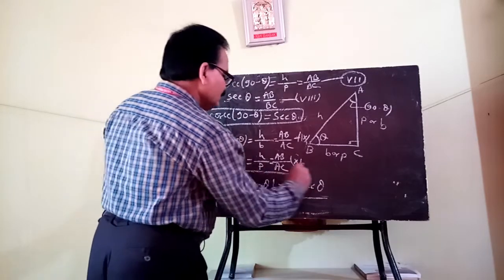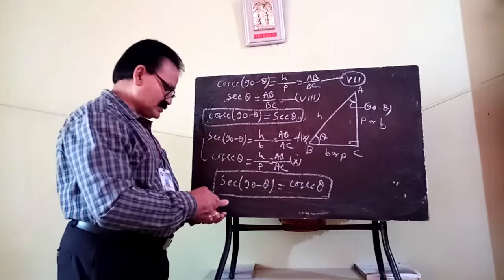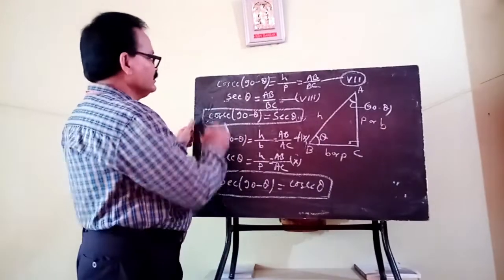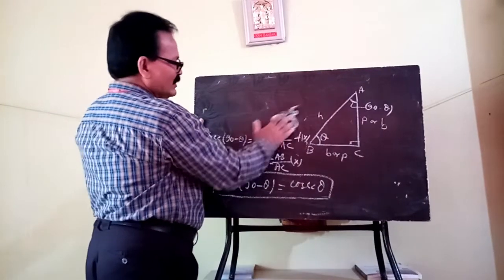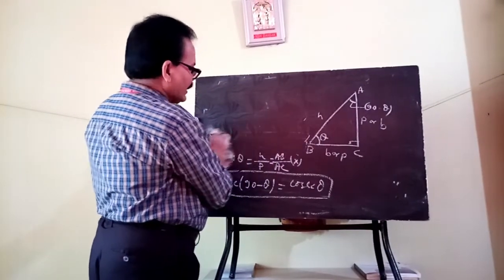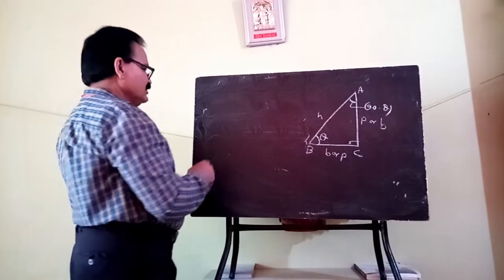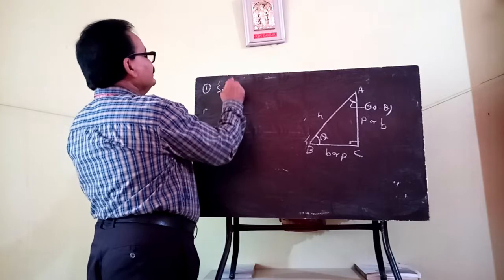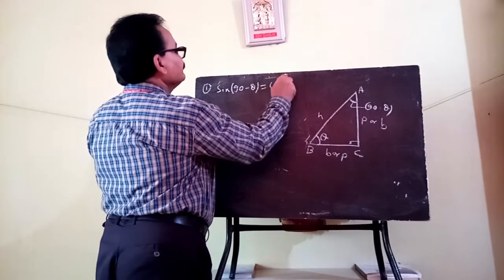So these are the relations you have to keep in mind for solving the problems. So let us conclude what formulas we have derived so far today. First formula you have derived, sin 90 minus theta is your cos theta.